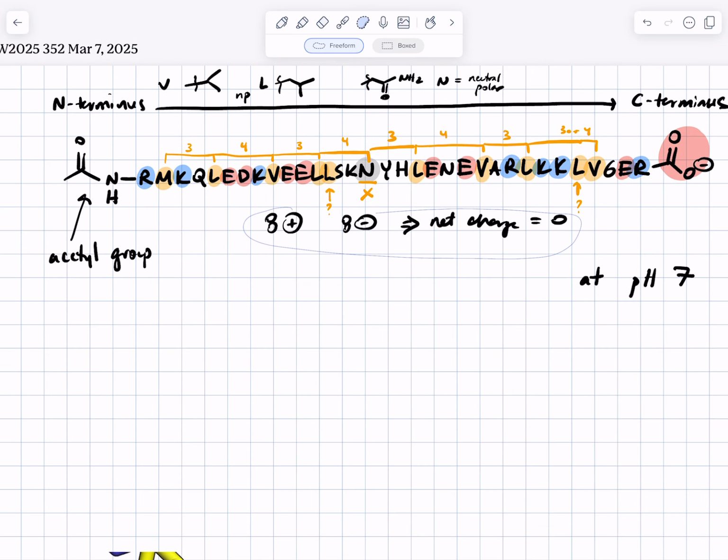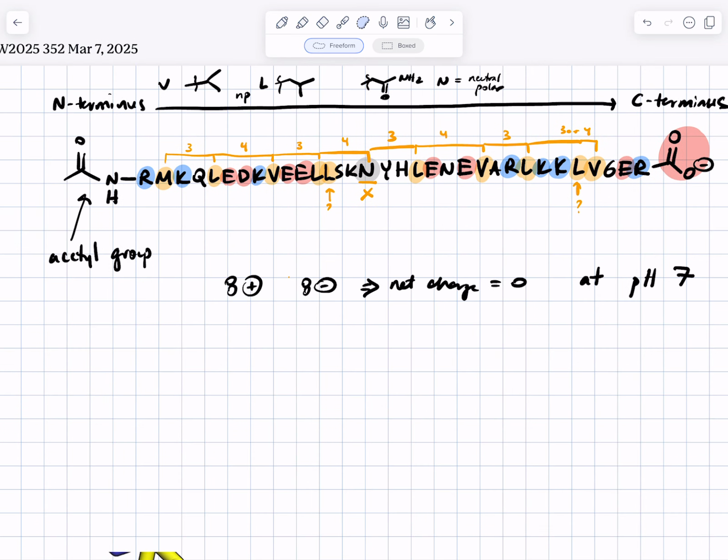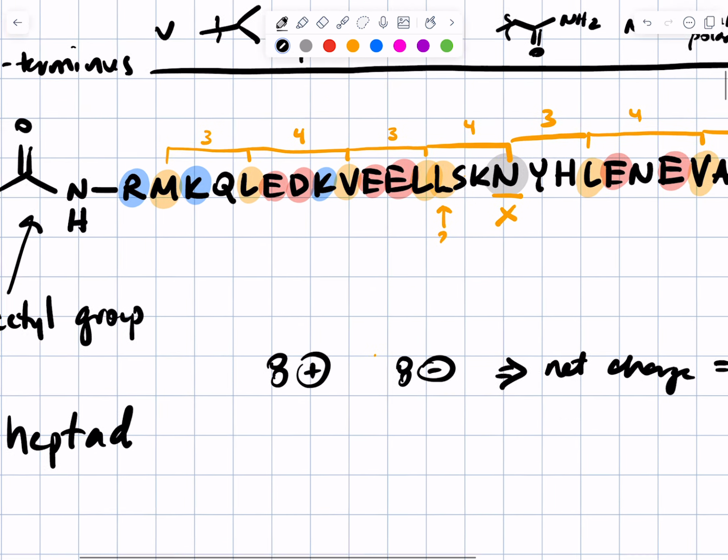People have noted this pattern. The 3 and the 4 add up to 7, and so they call this pattern a heptad, or 7 amino acid repeating sequence.